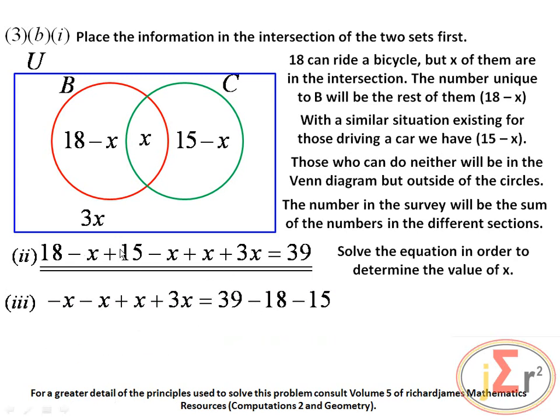Transposing this positive 15 will be subtracted on the right hand side, and of course this positive 18 will be subtracted on the right hand side, and we are going to put all those x's together and we get 2x. 2x is equal to 6. Dividing by 2, we get x is equal to 3.